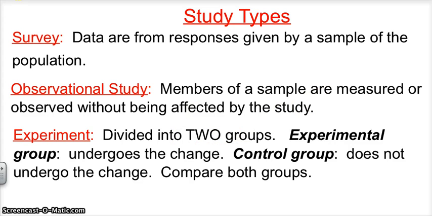And finally, we have an experiment, which is divided into two groups. First group is the experimental group that undergoes a change, and then the control group that doesn't undergo the change. And then you compare both groups, often used in science, right? The experimental group has the variable, and the control group does not undergo the change.